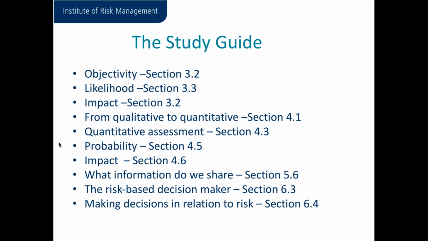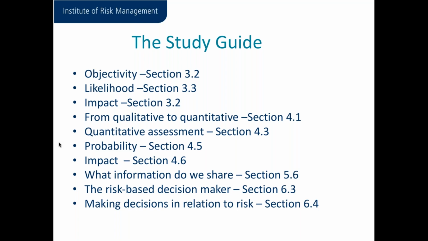Impact is in section 3.2, when we're talking about it qualitatively. Moving from qualitative to quantitative is in section 4.1. When we're thinking about quantitative assessment, and that's analysis, that's in section 4.3. We also talk about probability and impact from a quantitative point of view in sections 4.5 and 4.6.